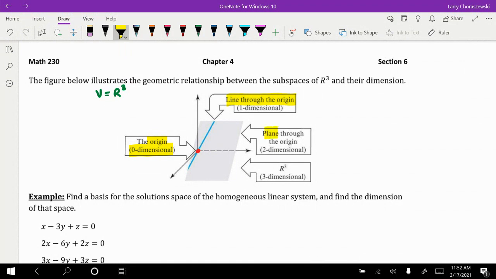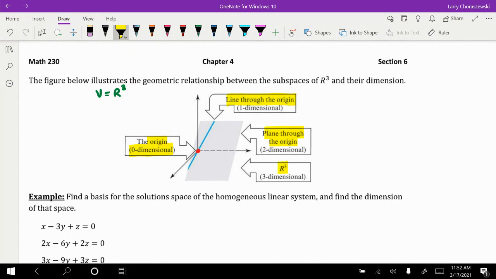Another subspace is a plane through the origin, which we have kind of in gray, and a plane is 2-dimensional. And then of course we could have all of R3 itself, which we know is a 3-dimensional vector space.